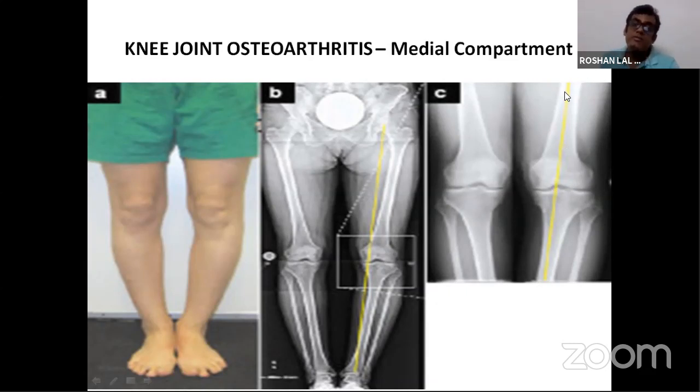But if the line drawn from the acetabulum to the anterior midline of the ankle shifts laterally, it means it's a valgus deformity. And if this line shifts to the medial side, it means there is varus deformity. So in patients with osteoarthritis, you will see that the line which is drawn from here to here shifts medially. This indicates varus deformity.